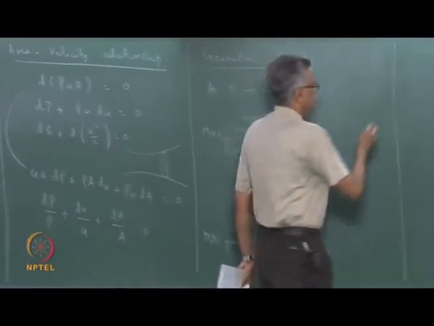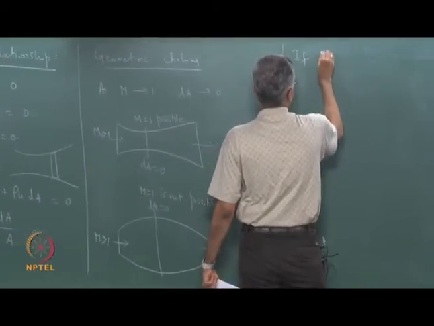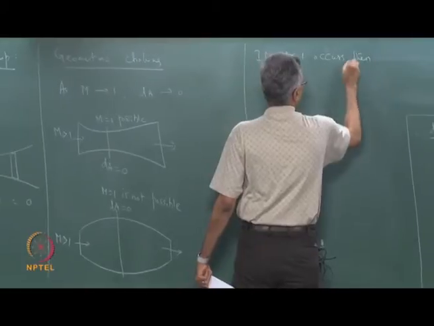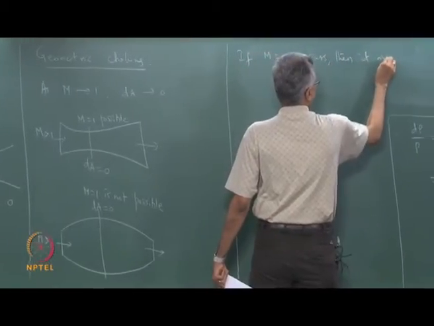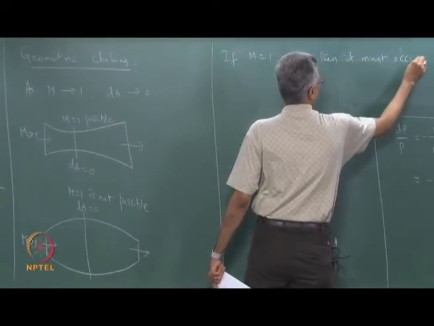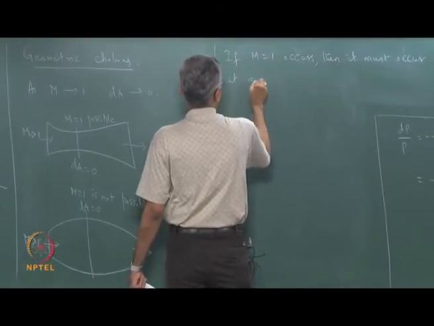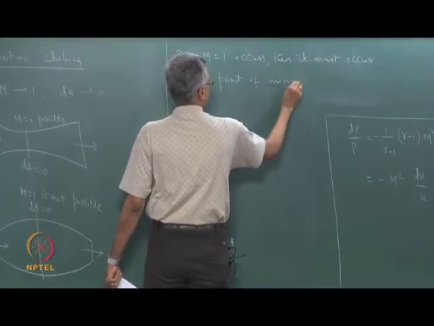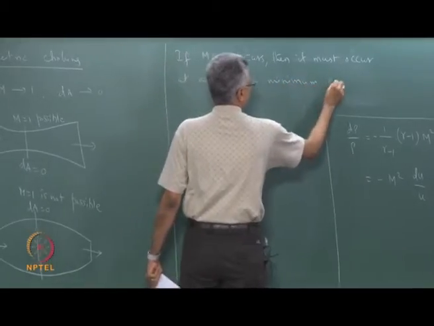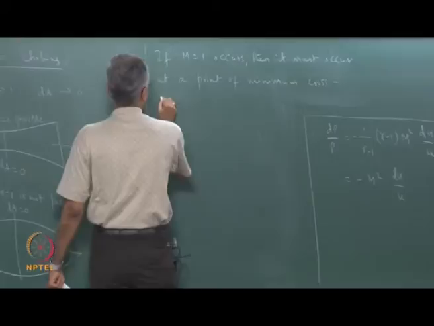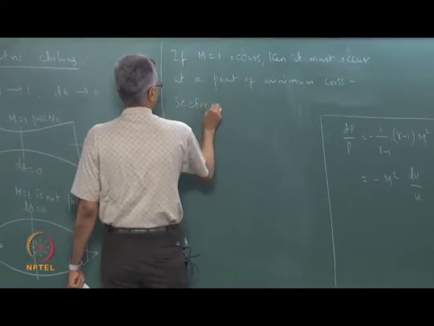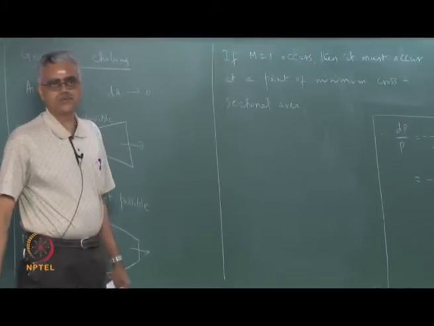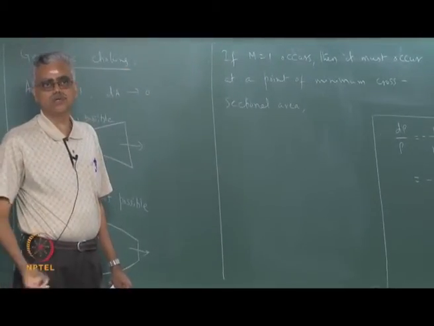So what this tells me is if M equal to 1 occurs, then it must occur at a point of minimum cross sectional area, and such a location, a point of minimum cross sectional area, is usually called a throat.